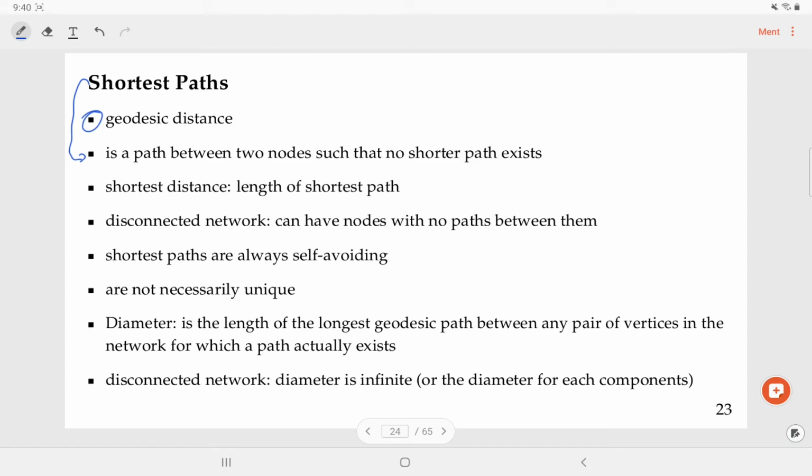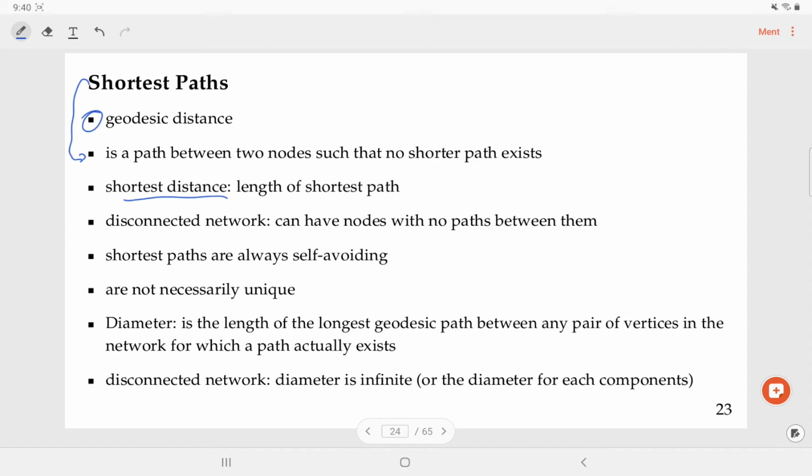So of course, this is a nice concept of measuring distances between nodes or pairs of nodes in the network. And with the shortest path, we can even state definitions like shortest distance, which is the length of the shortest path.